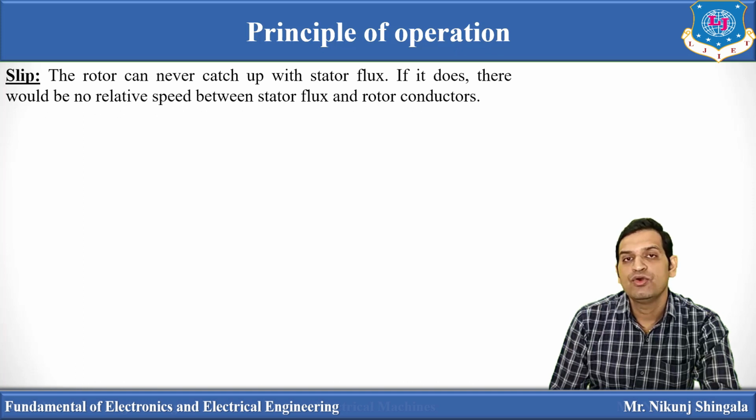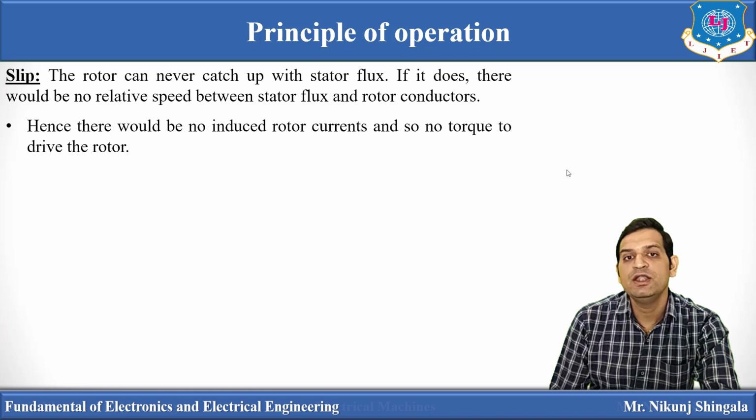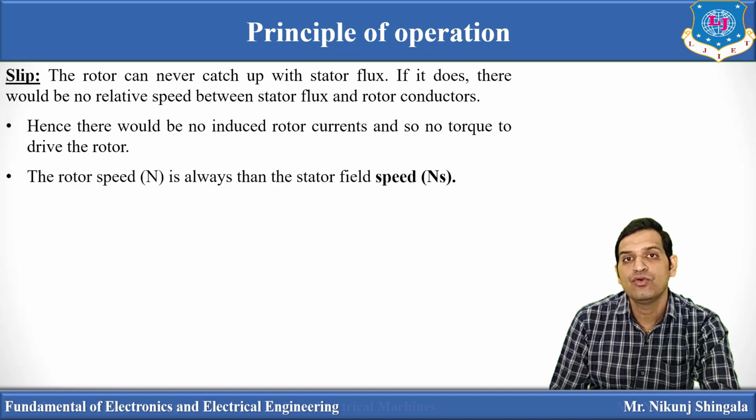If both the rotating magnetic field and the rotor have the same speed, there is no relative speed between them. No rotor conductor will be cut, so no EMF will be induced, no current will be induced, and no torque will be produced in the rotor. So the rotor will not start to rotate, and that's why the rotor will never reach the speed of the rotating magnetic field, that is the synchronous speed, denoted by ns.